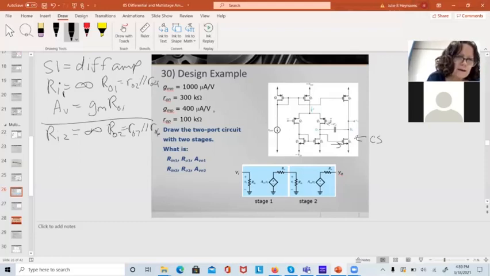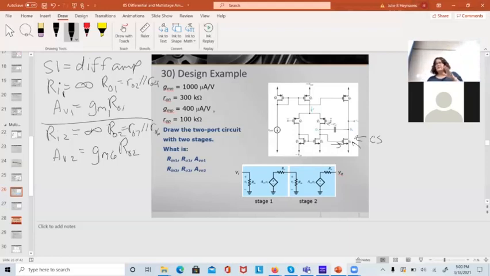And the gain, AV2, is going to be, oh wait, let's get this one. AV1 is GM1 or 2. The gain of this one is going to be GM6 because it's Q6 transistor times RO2.